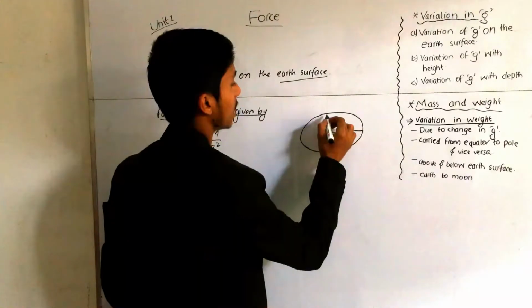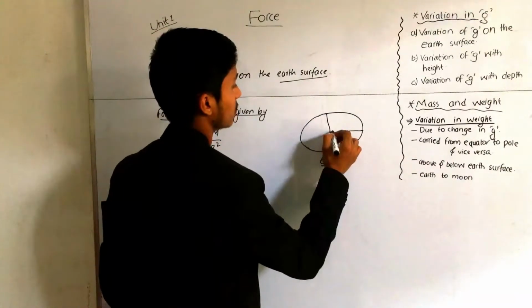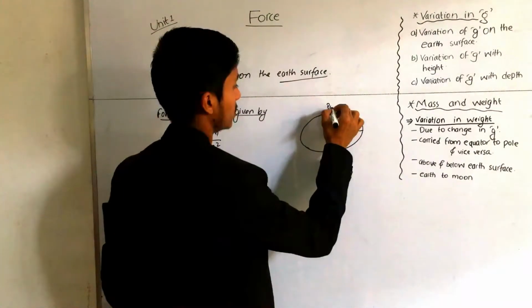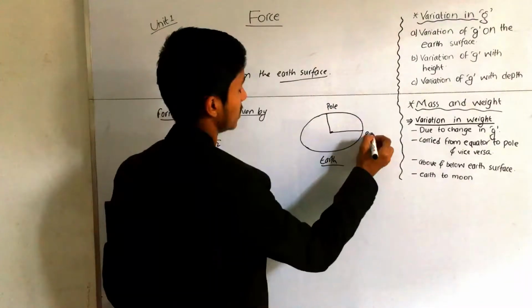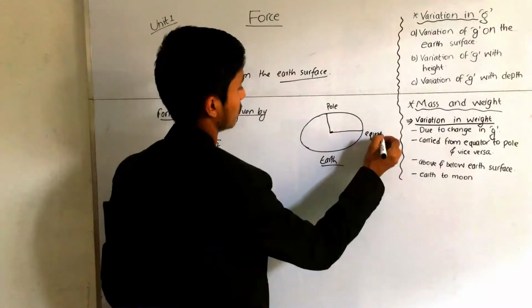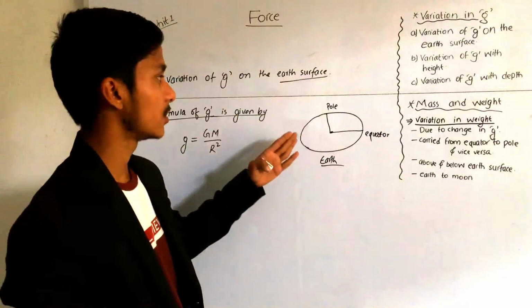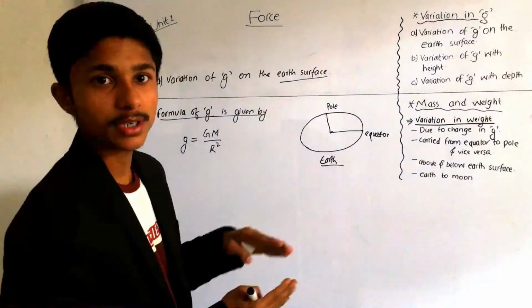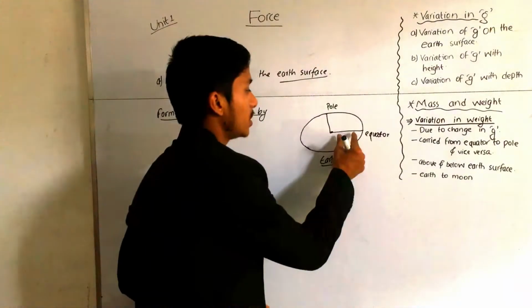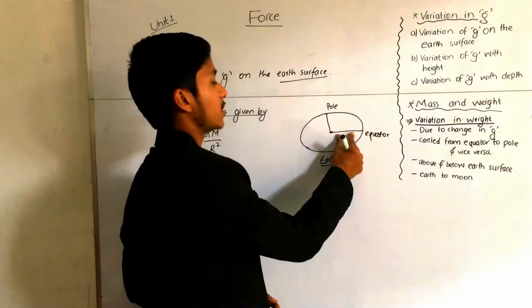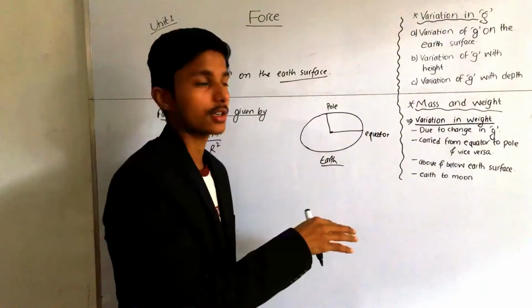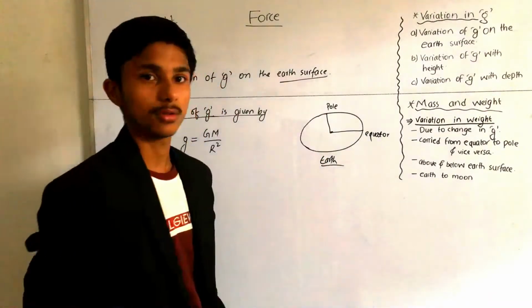Therefore, here this is called the equator, and this is called the pole. As you are looking here, since the earth is in a compressed shape, the radius of the earth at the equator is greater than the radius at the pole.